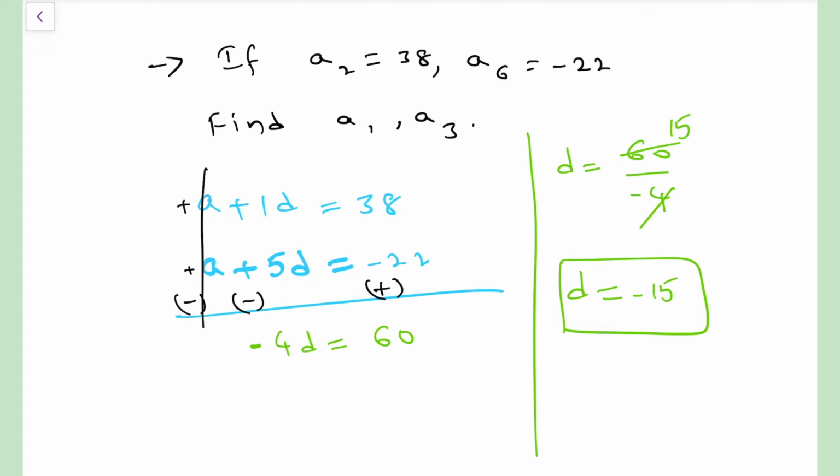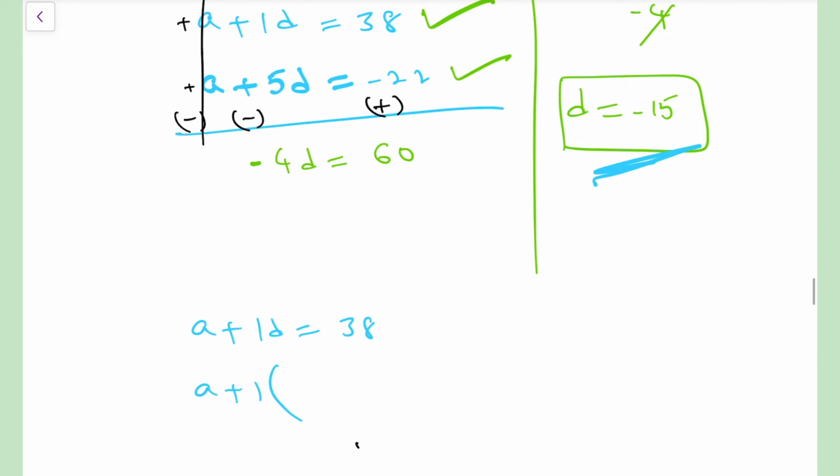Now this d value we can substitute either in the first equation or in the second equation. I am going to substitute in the first equation, that is a plus 1d equals 38. a plus 1 into d value, which we got as minus 15.